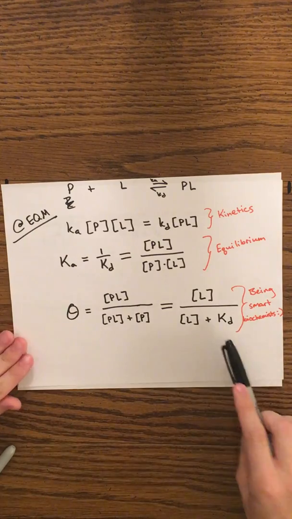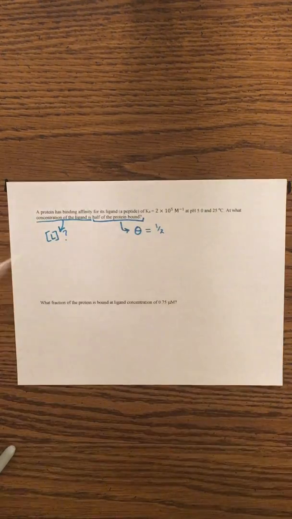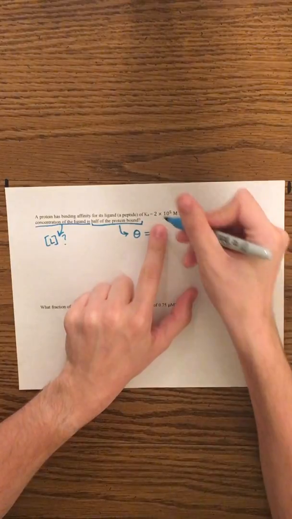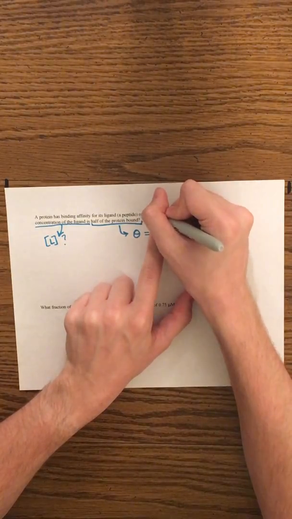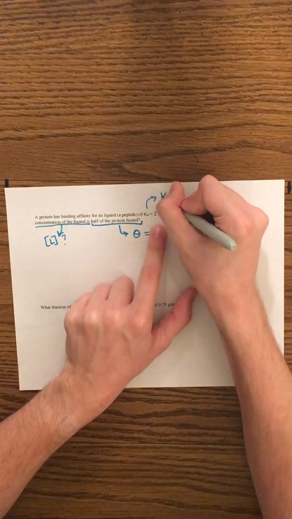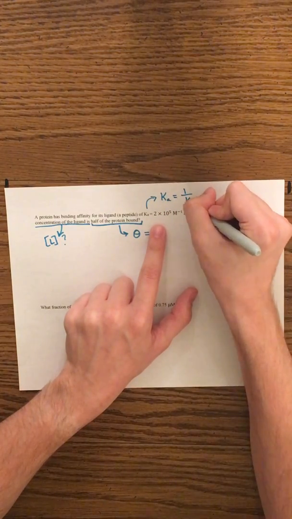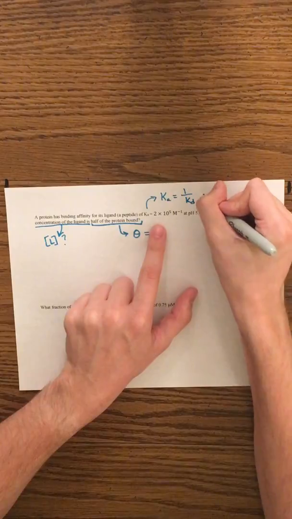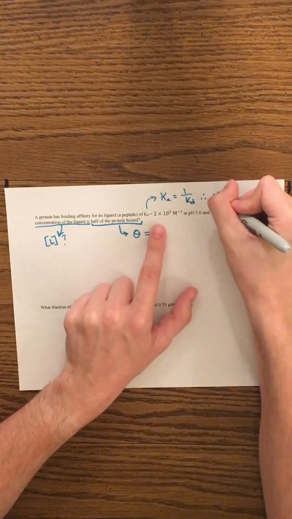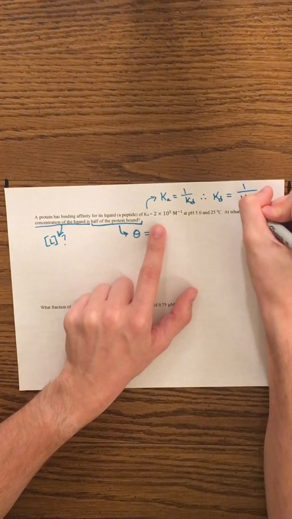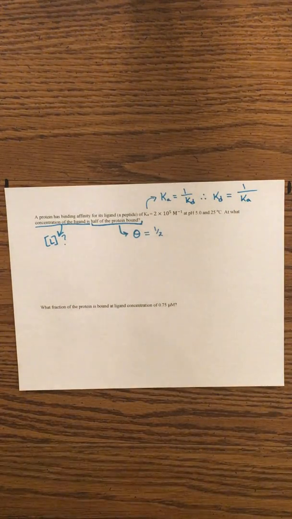The only thing that we're missing is this KD value. But oh wait, you say to yourself, that's not too hard to compute because we were given our association equilibrium constant, right? So we said that Ka was equal to 1 over Kd. Therefore, Kd will just be equal to 1 over Ka. Okay.